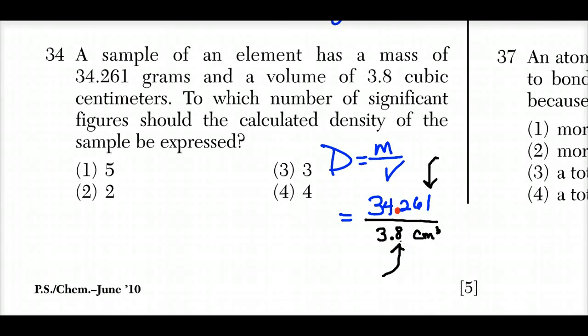So our answer could only have 2 sig figs because our least significant number has 2. The weakest link is 2 sig figs. So we round off our number to the least number of sig figs. And they're just asking how many sig figs that will be, and that'll be 2.